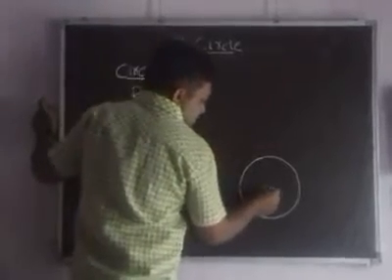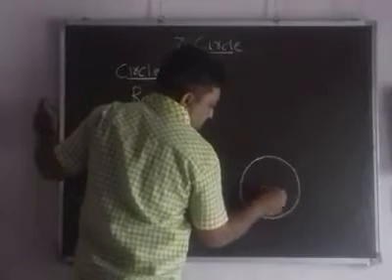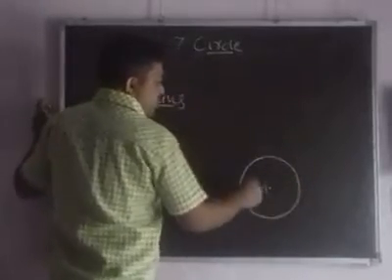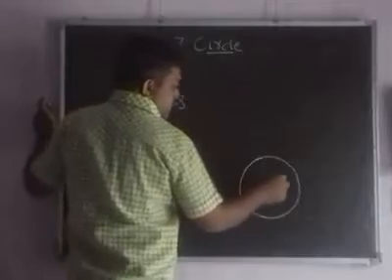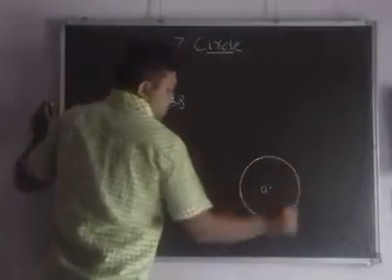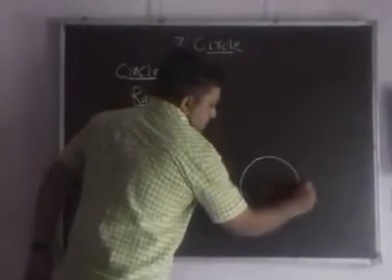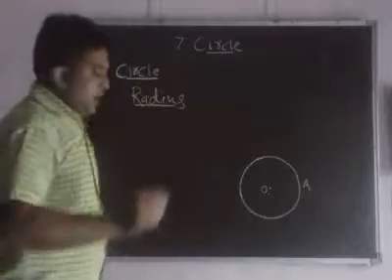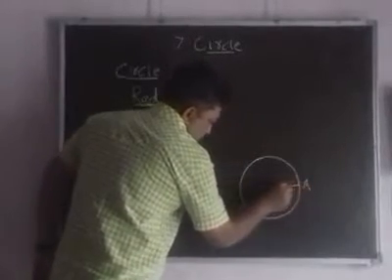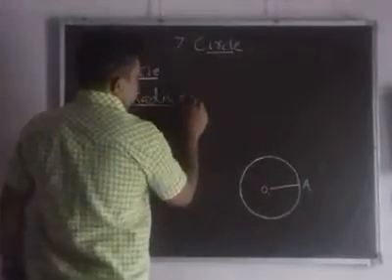It is a distance of a segment which joins the center of circle and any point on the circumference. This closed curve is named as a circumference. Suppose this one is a point named as A, right? And the distance from O to A, when I join this, the distance is known as radius.